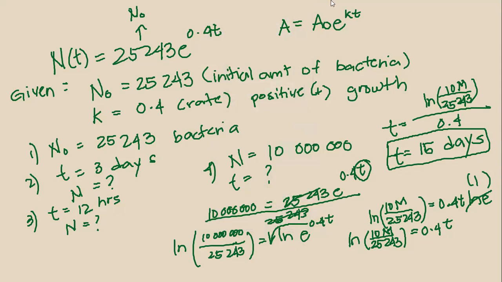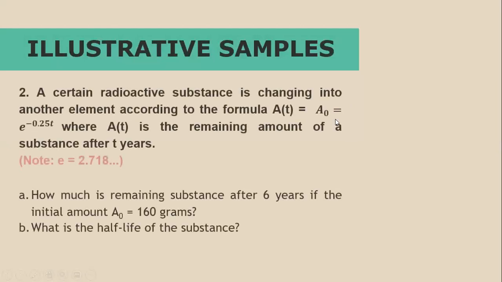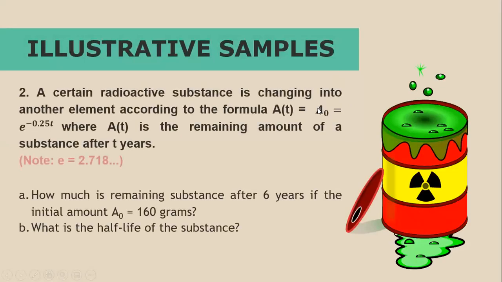So, let's now proceed to number 2. Alright, so meron naman tayong radioactive substance. So, a certain radioactive substance is changing into another element according to the formula A of T is equal to A sub O times e raised to negative 0.25 T, where A of T is the remaining amount of a substance after T years.